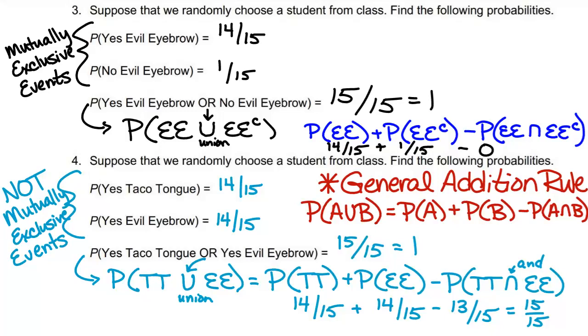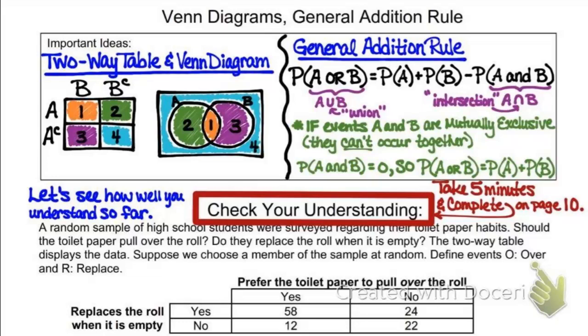Let's flip this over. It's about as deep as we're getting for today. Two-way tables and Venn diagrams, very, very connected to each other. You can use a Venn diagram to make a two-way table. You can use a two-way table to make a Venn diagram, or you can make both of those given enough information about the situation.